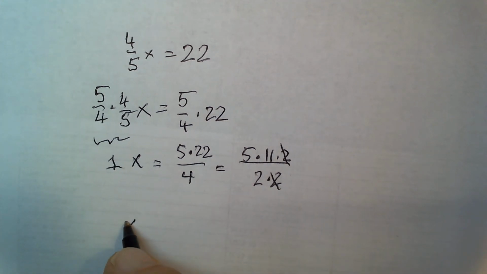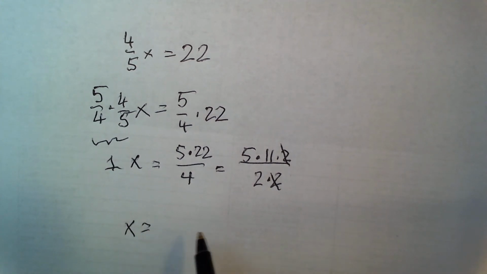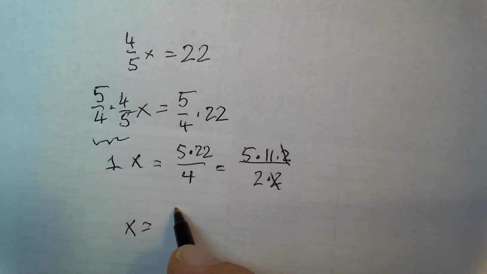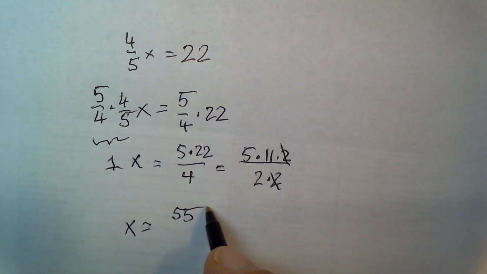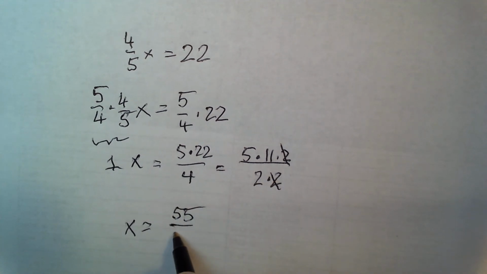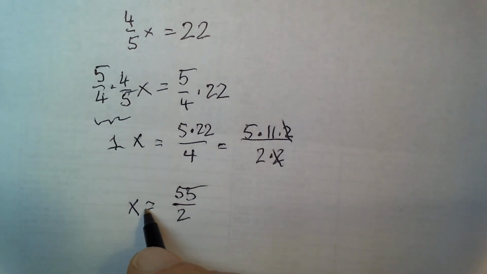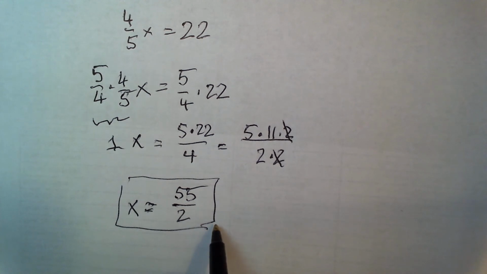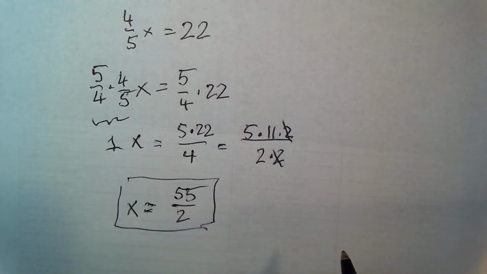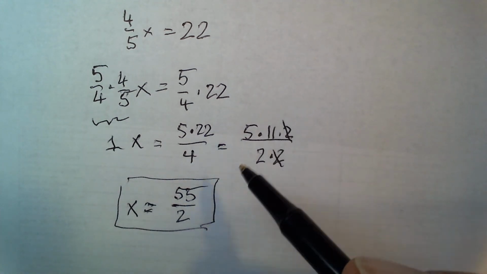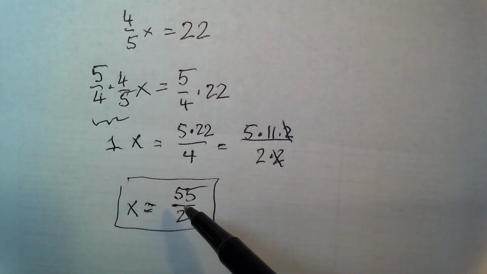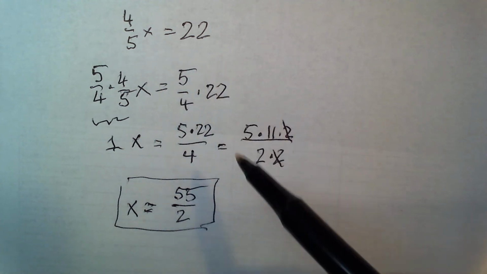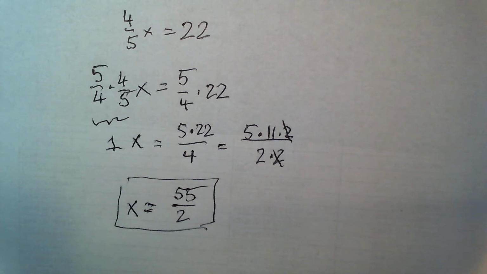So then finally x is equal to 5 times 11, that would be 55 divided by 2. So that would be our final answer, x equals 55 divided by 2. And again, I would suggest you replace x with that solution to make sure that we have the correct answer for this.